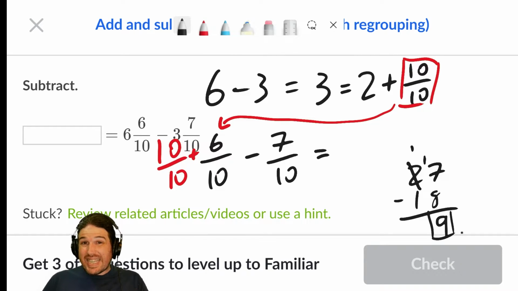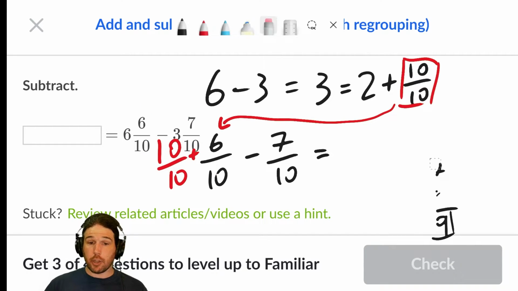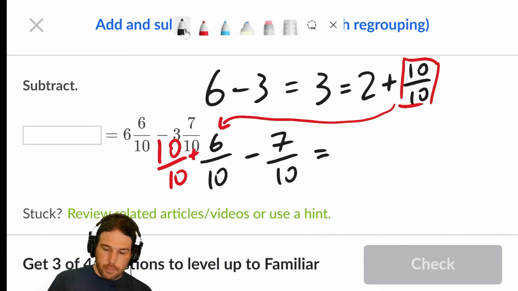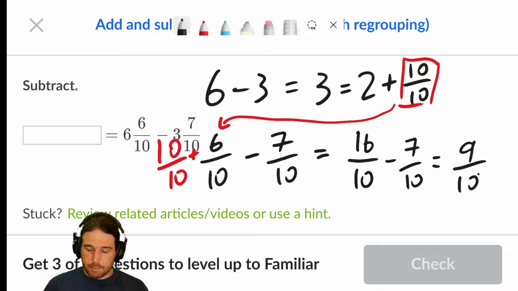Yeah? It's the exact same process. We are just peeling off a 1, making it into 10 over 10, and using that value so we don't end up getting something negative. Because again, we have not learned how to deal with negative numbers yet. That comes later. So we actually have 16 over 10 minus 7 over 10, which is 9 over 10.